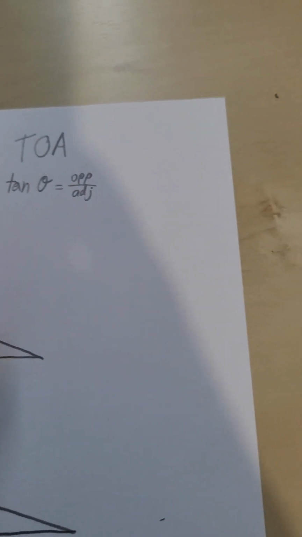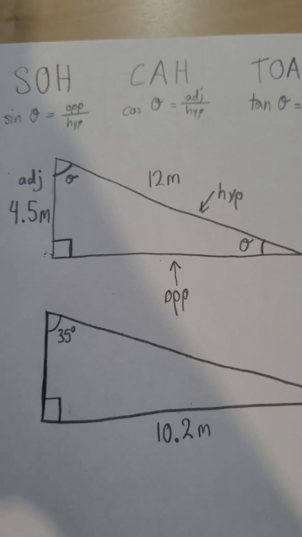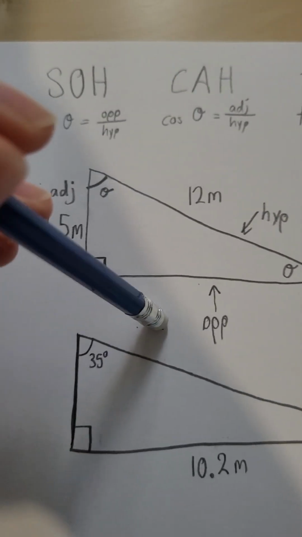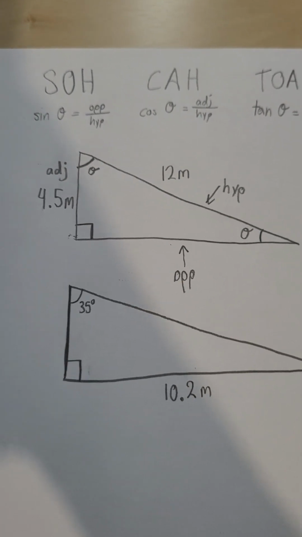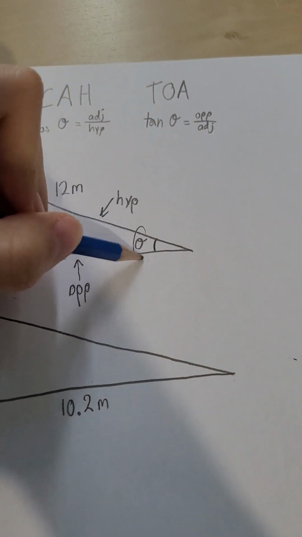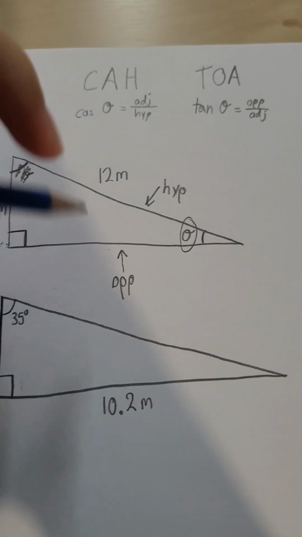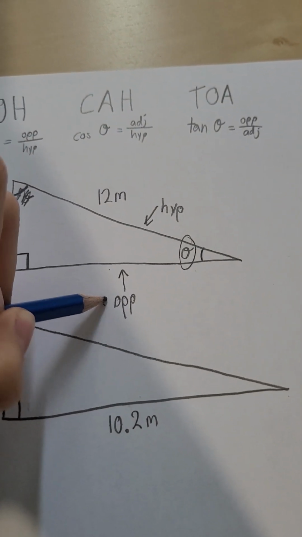Now, let's do sine on this triangle. And I know that it's sine because I made this. And so we have the theta here. And this is actually incorrect for this example, because if we're finding for this side, we can just cross that out. This is no longer the opposite side.